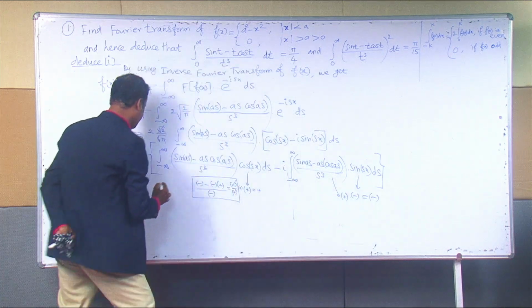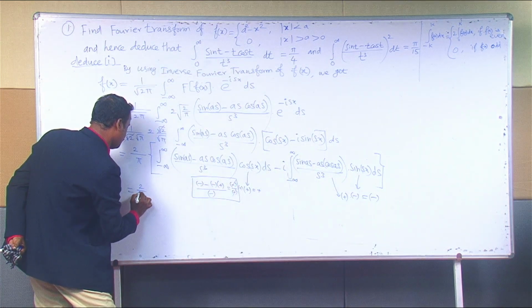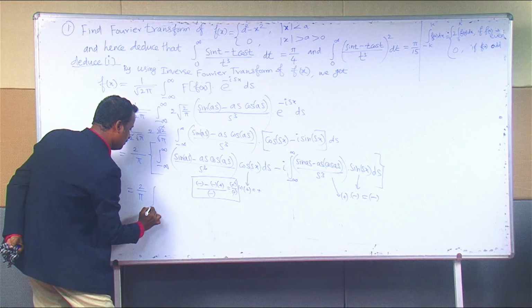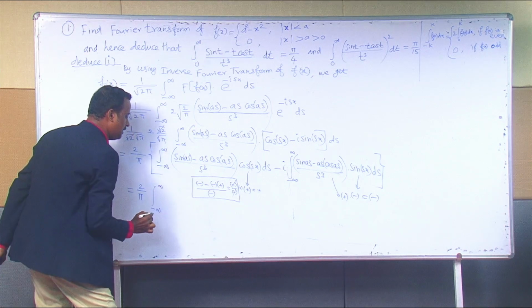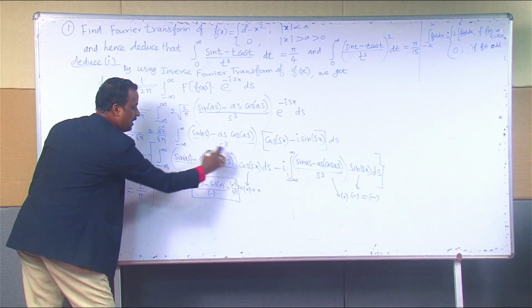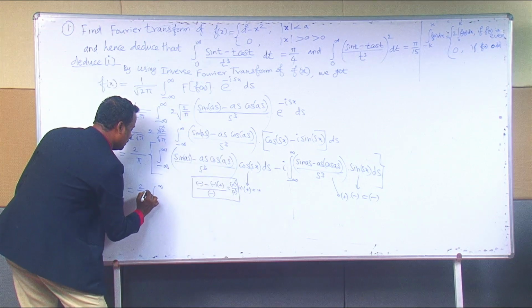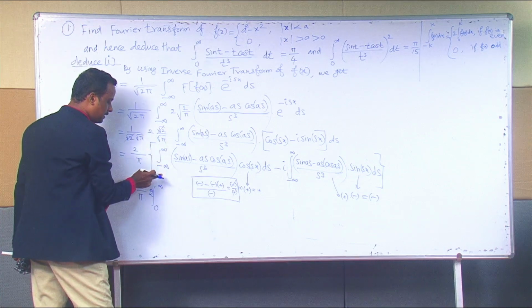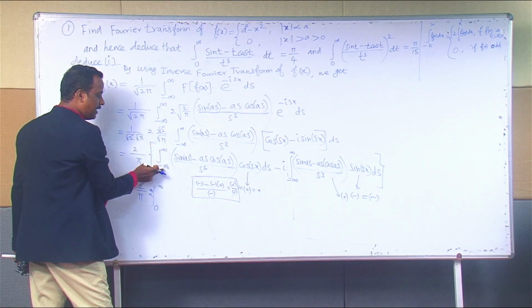Now we have to apply this here: 2 by pi, integral from minus infinity to plus infinity. Because the integrand function is even, we can write 2 times the integral from 0 to infinity, considering infinity as the constant, minus k to plus k.